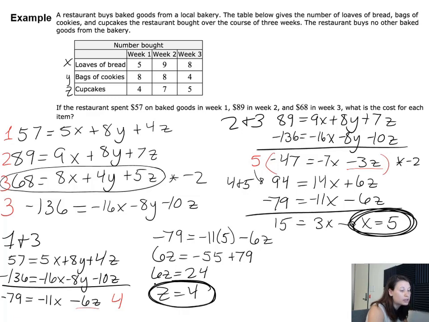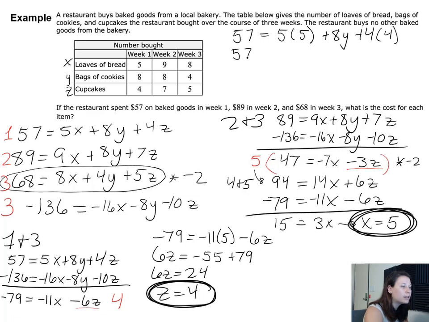There's our second solution. So next, we can find y from any of the first equations. Let's go into number 1. Again, just because, why not? I'm going to pop up here to the top part to have a little bit more space to work in. So we have 57 is equal to 5, we know x is 5, plus 8y plus 4, z is 4.